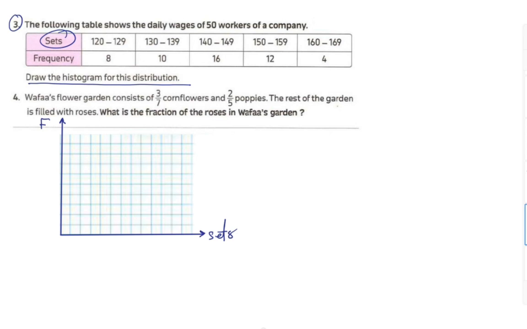If you look at the set, we have 5 intervals. I will leave the first two columns empty and I will start from here. I will take two small columns as one interval. So this space is the first interval.